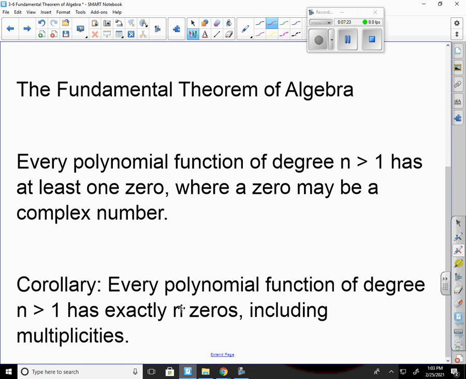The corollary to the fundamental theorem of algebra is that every polynomial function of degree n greater than 1 has exactly n zeros, including all of the multiplicities.